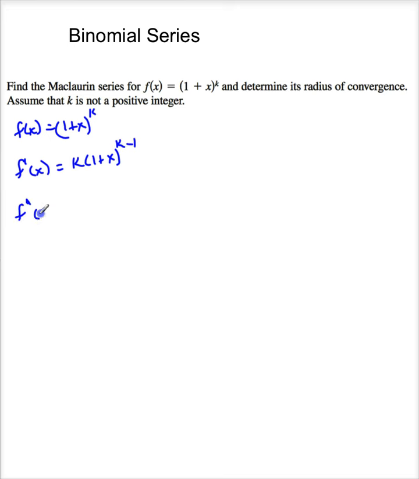F double prime of x is k times k minus 1 times (1 plus x)^(k minus 2).